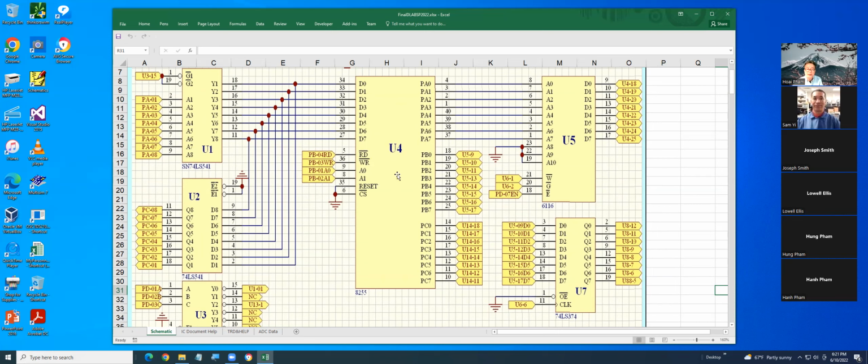If 0, 0, that means you want port A. 0, 1, you want port B. 1, 0, you want port C. And you can program U4 for data going out or data coming in. That means they can be bi-directional. Same thing for B and same thing for C. That's the general information for 8255. If you get any question, just let me know.